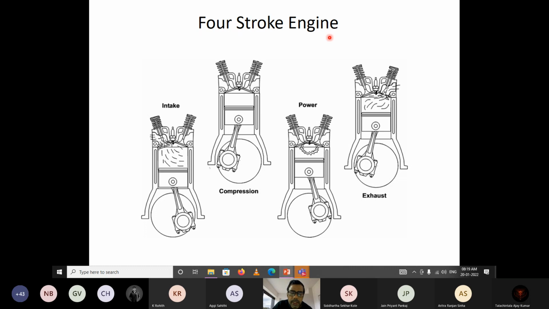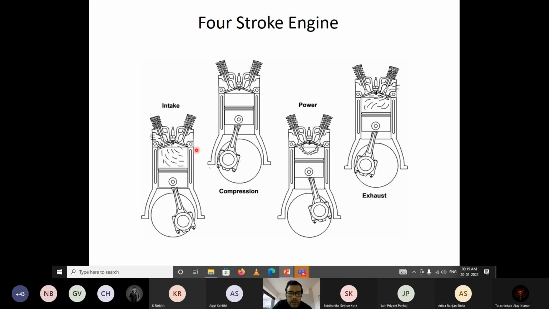So now, what are the different strokes? What is the naming of the 4 strokes? We call them the intake stroke, compression stroke, power stroke or expansion stroke, and then the exhaust stroke. Now, if you can see here, these are the valves. This is our intake valve or intake manifold. Here we have the exhaust manifold.